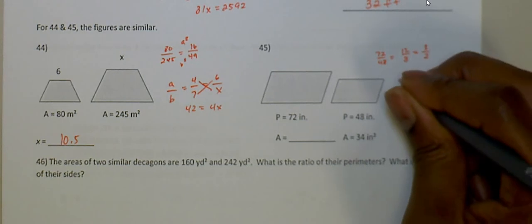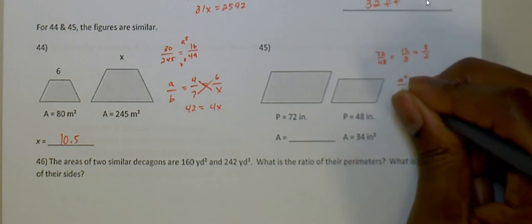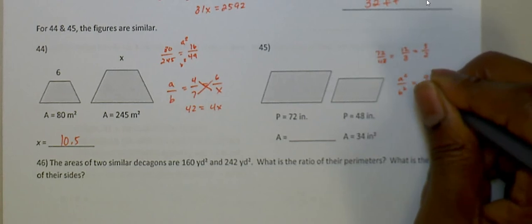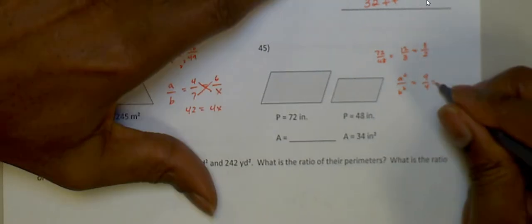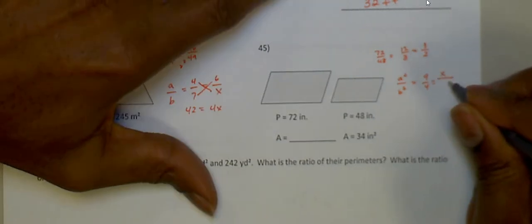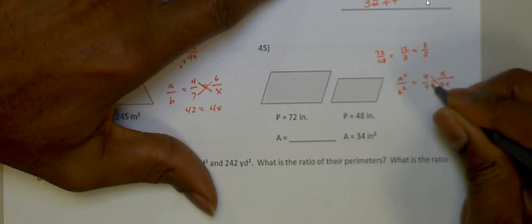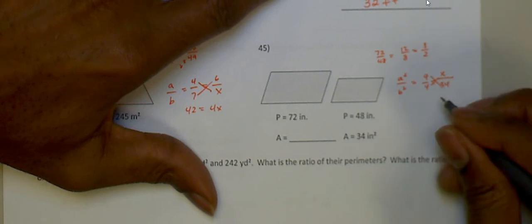Our A squared to B squared, our area ratio, is going to be 9 to 4. So we can use that here. 9 over 4 should equal what we don't know. I'll just call it x over 34. Cross multiply. So 306.